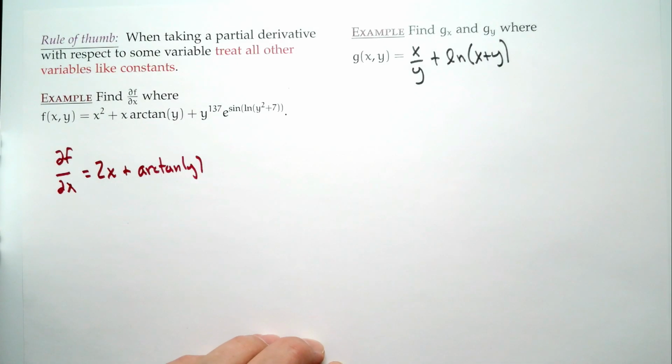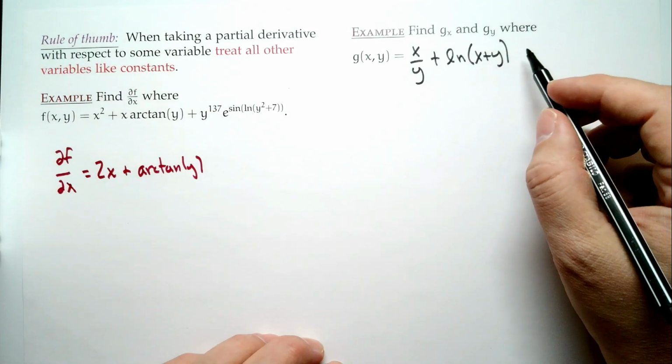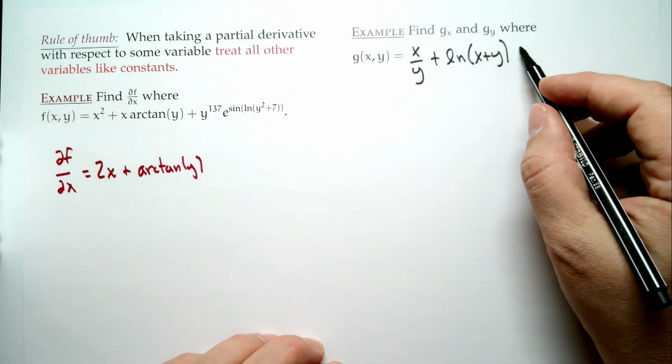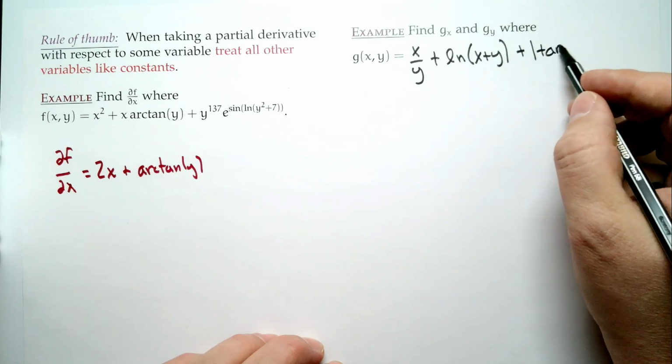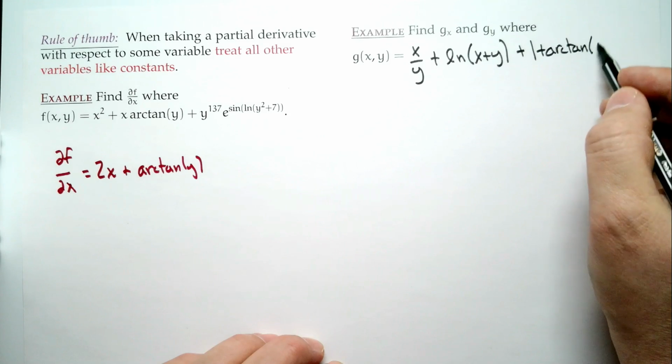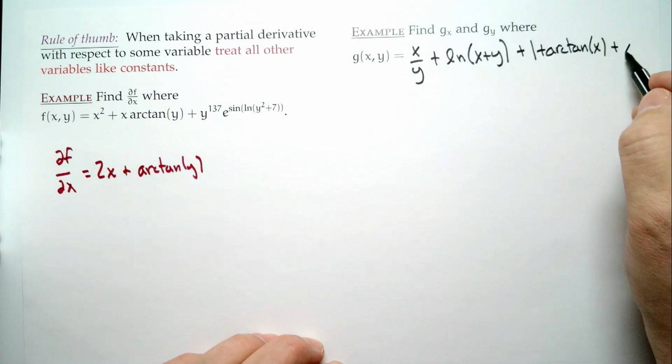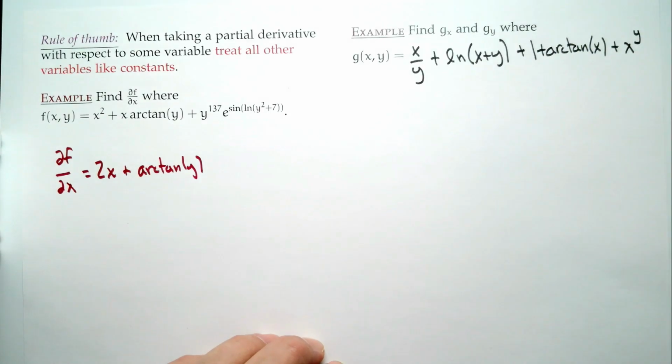You can have fun. Plus 1. Is that really fun? All right. Arctangent of x. Okay, people are trying to pander now. How about let's throw in an x to the y? Let's see if you can do that. Okay, so let's find them both.